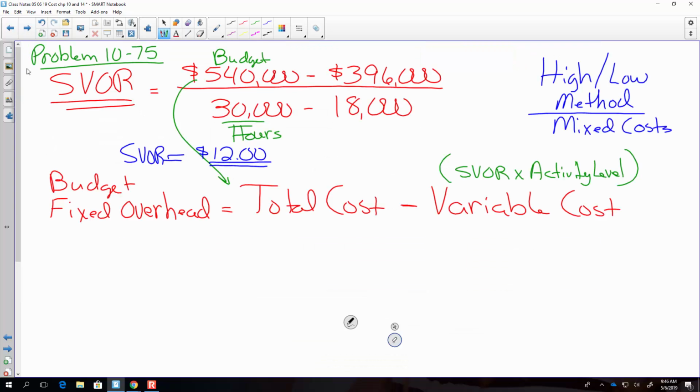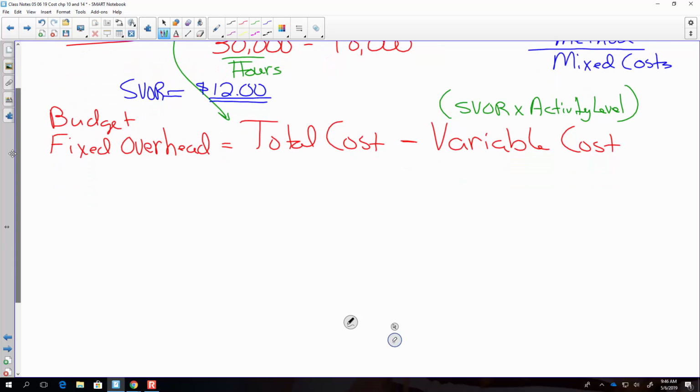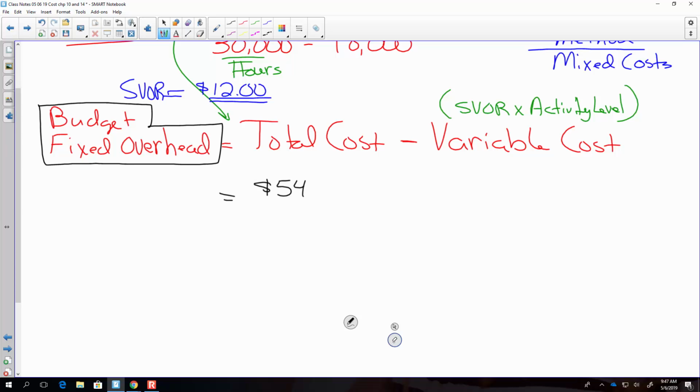Let's look at our next computation then, which is our budgeted fixed overhead. Let's use the high amount, 540,000, which is the total cost. I subtract 30,000 times our $12 variable overhead rate.